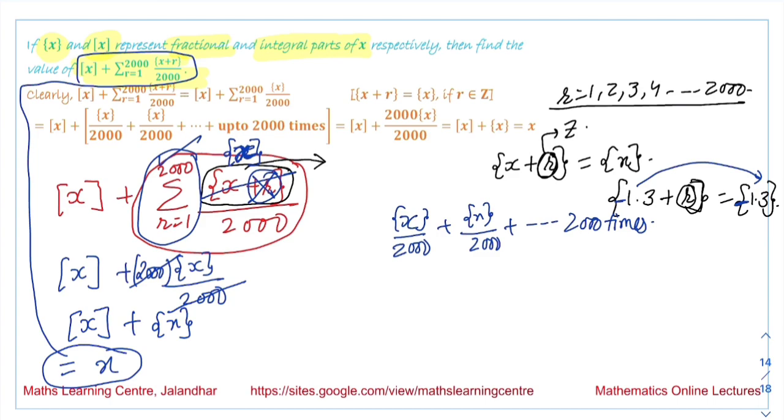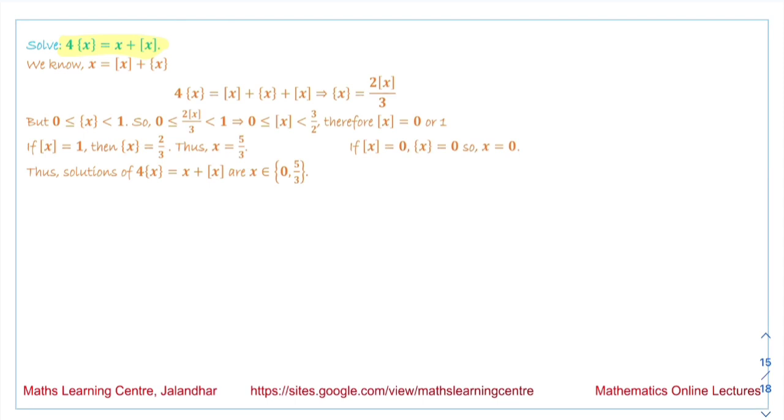Now next we have to solve this equality. That is, we have to find the value of x for which this is true. We know the formula that x is equal to the greatest integer of x plus the fractional part of x. So we start with this equality, in which we have 4 times the fractional part of x.